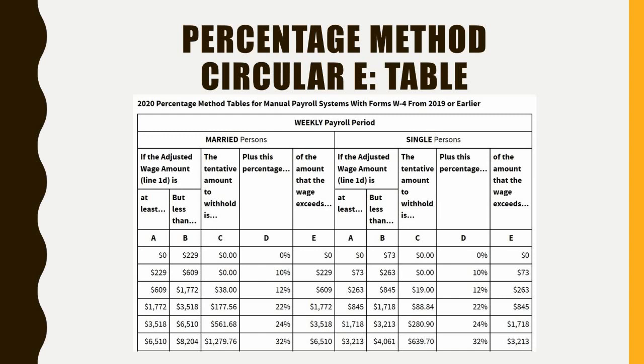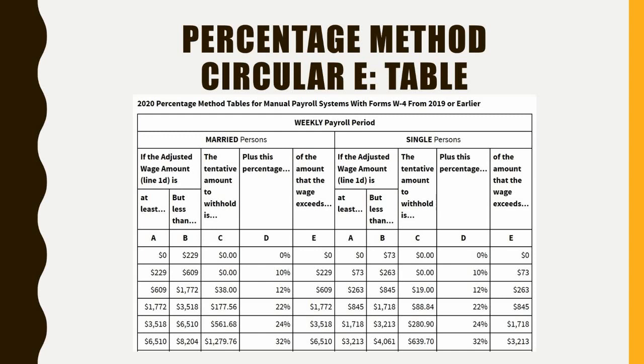With that being said, C determines that we need to take out at least $19. That is what the government is going to charge us regardless of how much money we make. This is the amount they take from our paycheck first. Anything in excess of those $19 is going to be taxed at 12%.